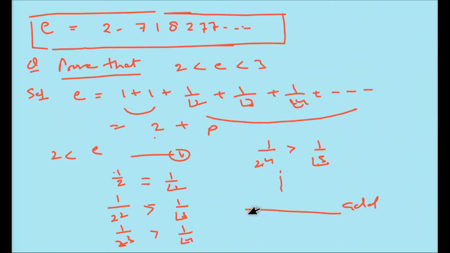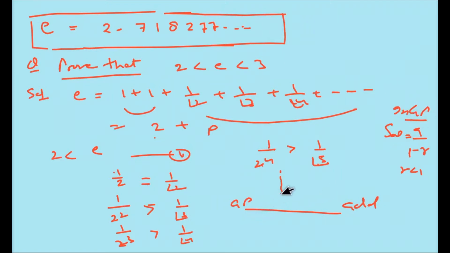we get a GP up to infinity. For the sum of a GP up to infinity we use the formula a upon 1 minus r, if r is less than 1. If you have read GP, then you can understand.